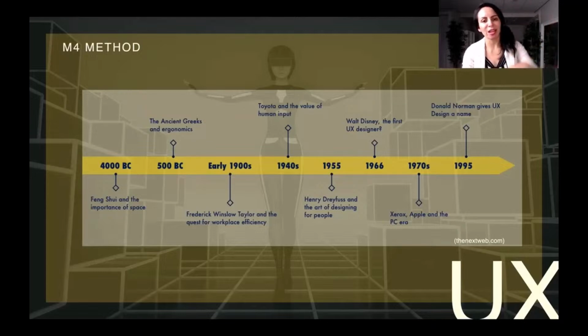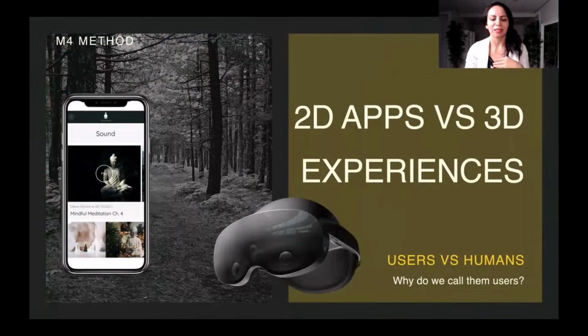Then we do a jump again, and we come to this era where we have the design of 2D apps and this device that also came to replace a little bit of the activities that have been done with computers, because now we are able to use this device for many of the tasks that before we were not able to do.